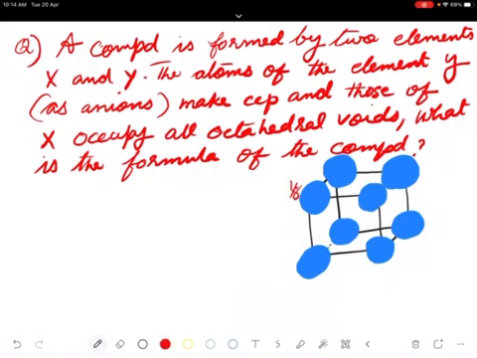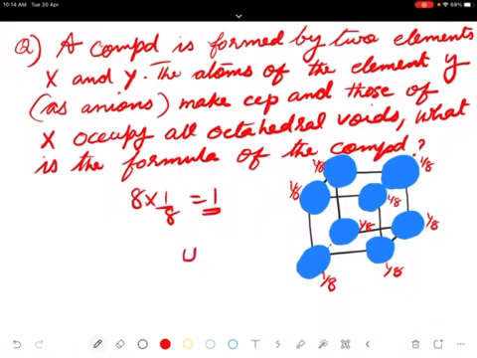This is 1/8, 1/8, 1/8, 1/8. From here 1/8, from here also 1/8. 2, 4, 6, 8. So 8 into 1 by 8 is 1. So atoms of Y means there is only 1. Y is 1.